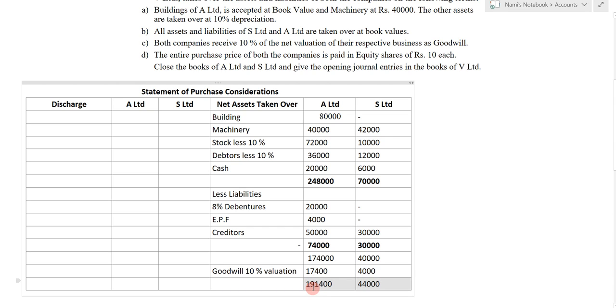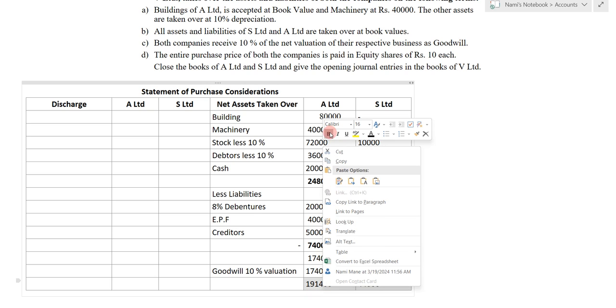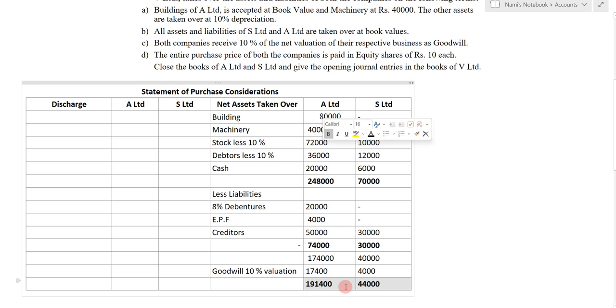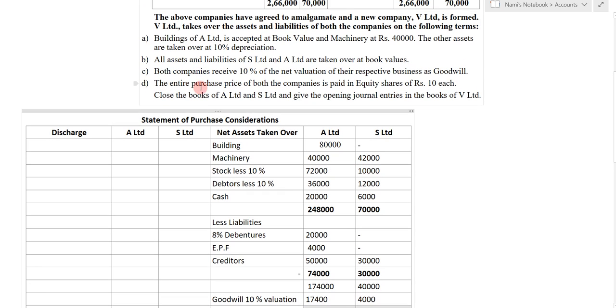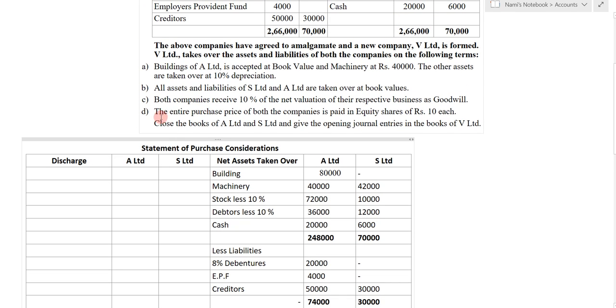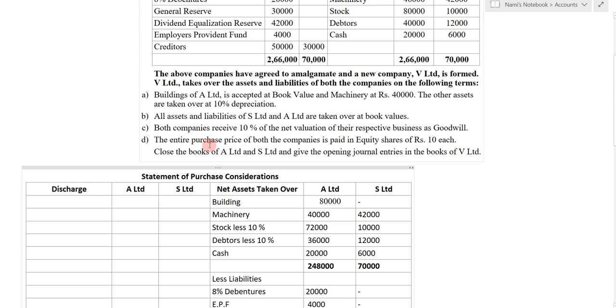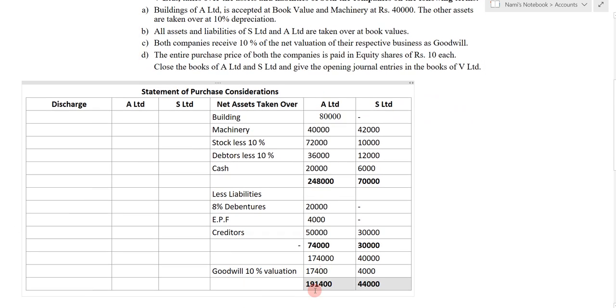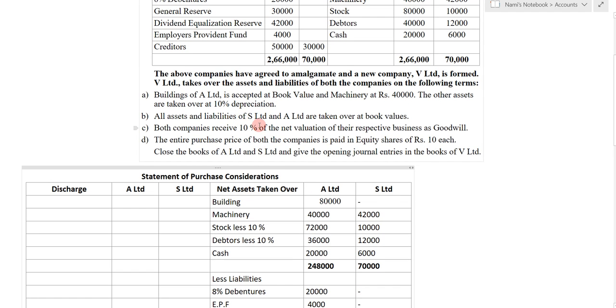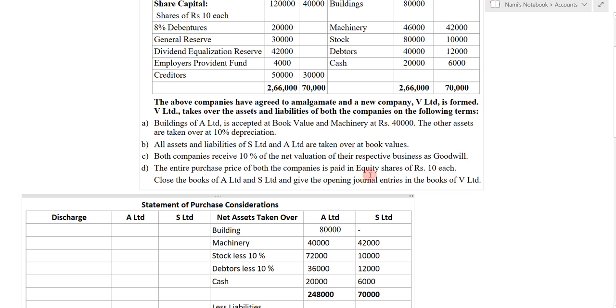Okay, this is the purchase consideration price which V Limited is going to give to A Limited and S Limited. Now see the D point, read the entire purchase price. A Limited's purchase price is 1,91,400 and the purchase price of S Limited is 44,000. The entire purchase price of both companies is paid in the form of equity shares of rupees 10 each.